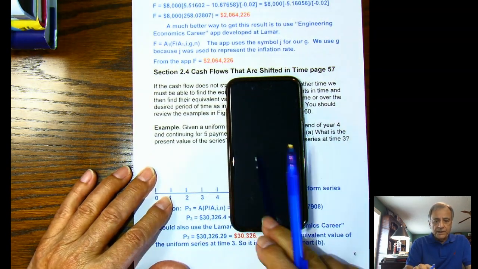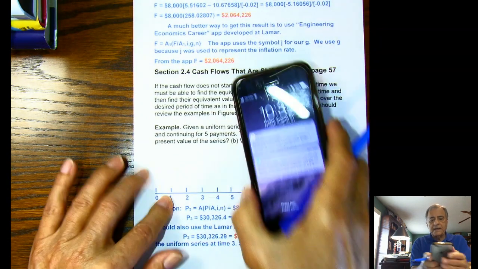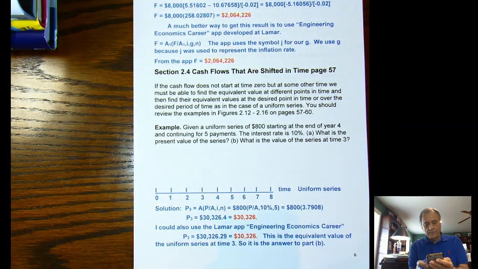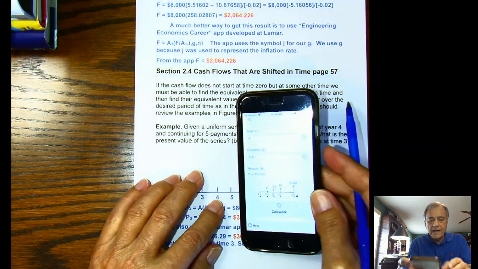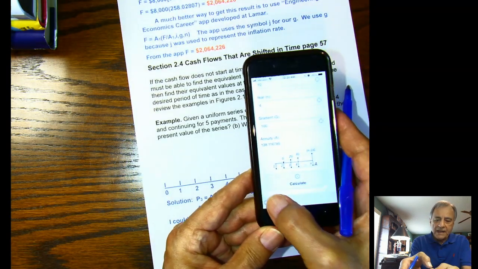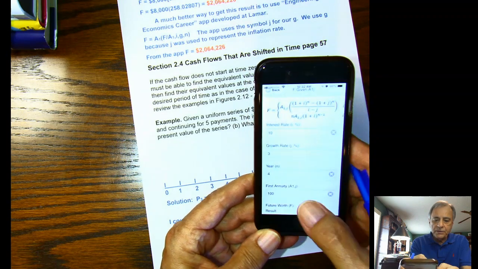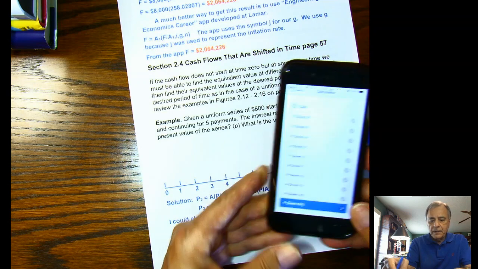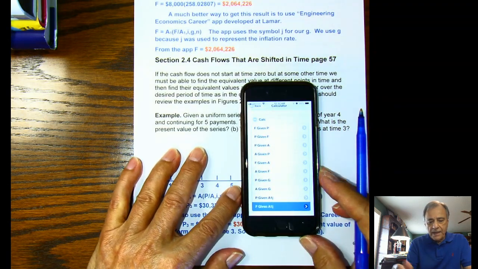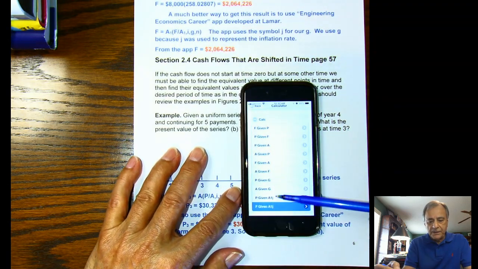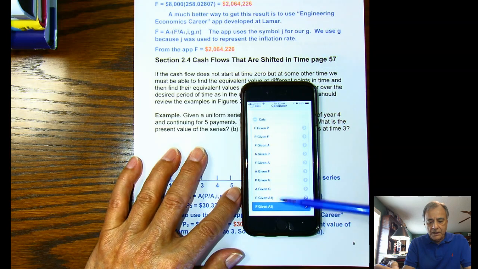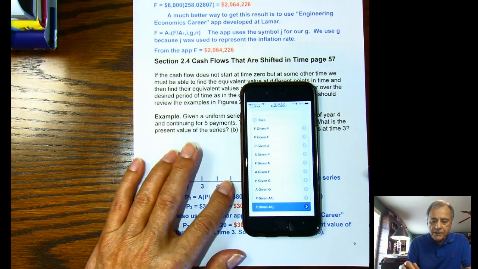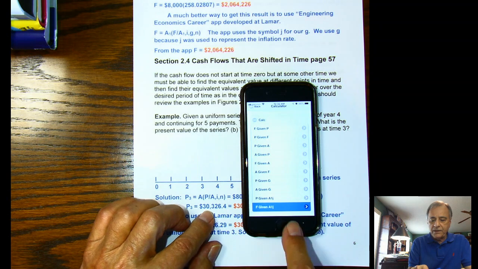And I also did it on my cell phone. Now let's see if we actually can get that on the cell phone. So I go to my app and I push the back button to get back to, and I don't have an F given G. Oh yes I do, I'm sorry, it's right there at the very bottom.